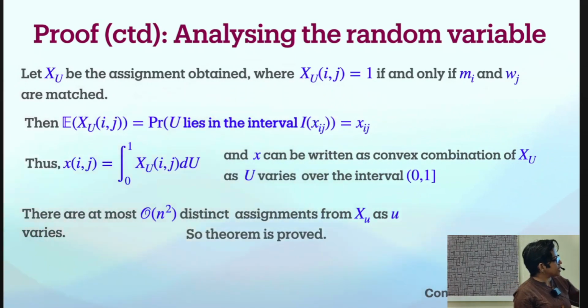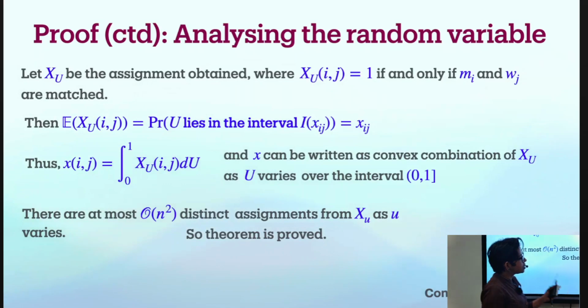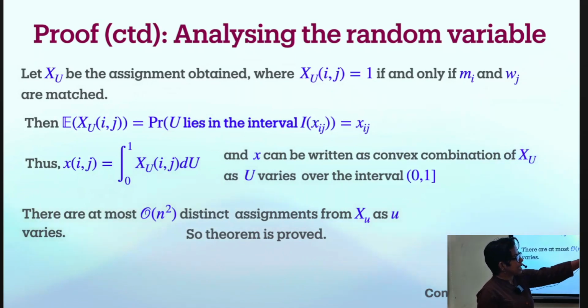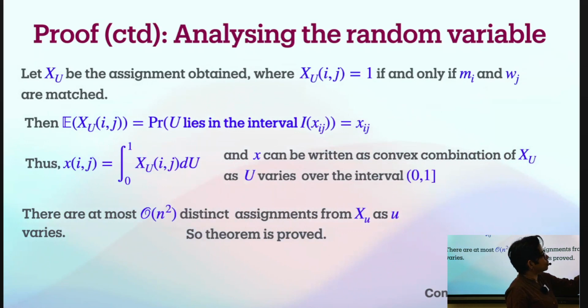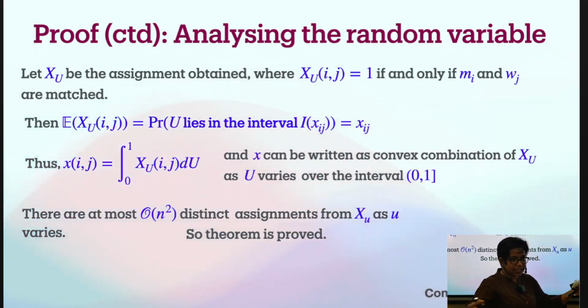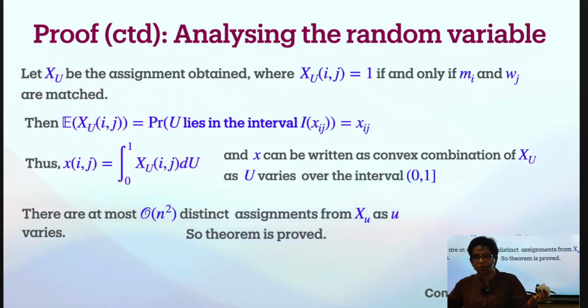So, this basically says that we have created a convex combination of X_U over the interval 0 to 1. The fact that the coefficients add up to 1 follows from the fact that the entire thing is arranged on the real line 0 to 1. So, basically we killed multiple birds with one stone.